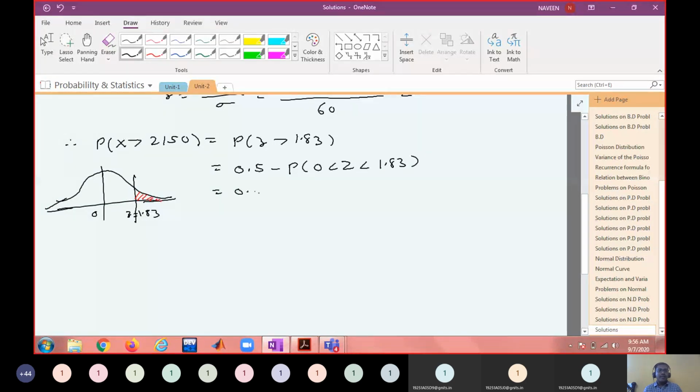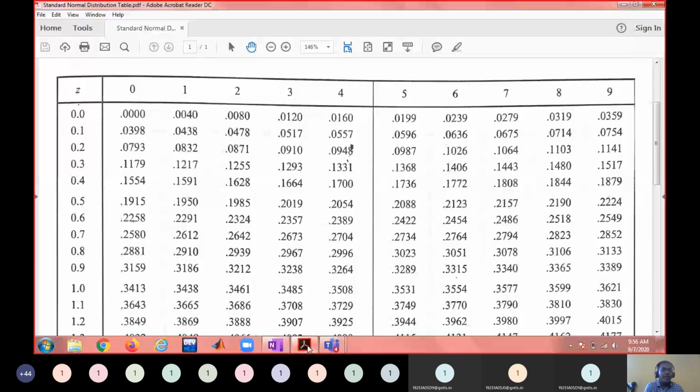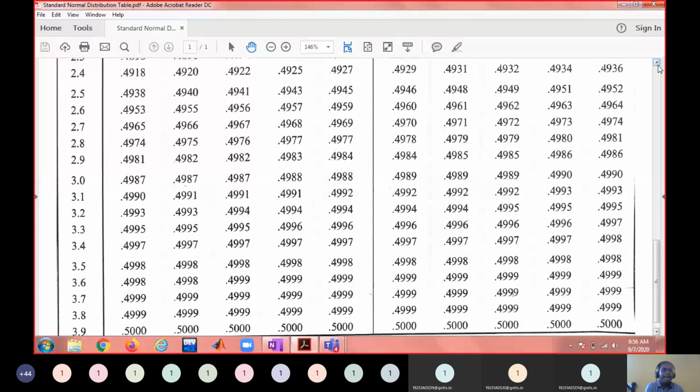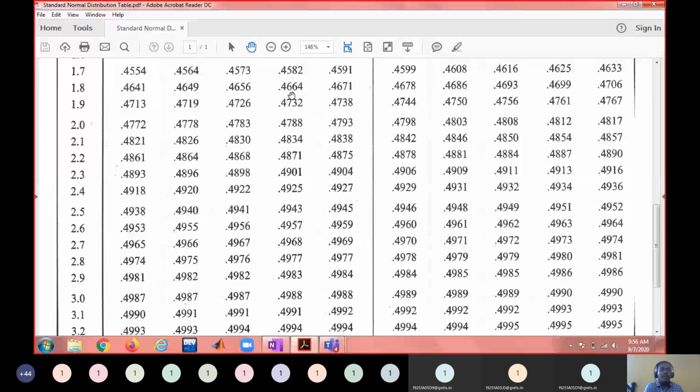So find the probability under 1.83 from the table. That is 0.4664.